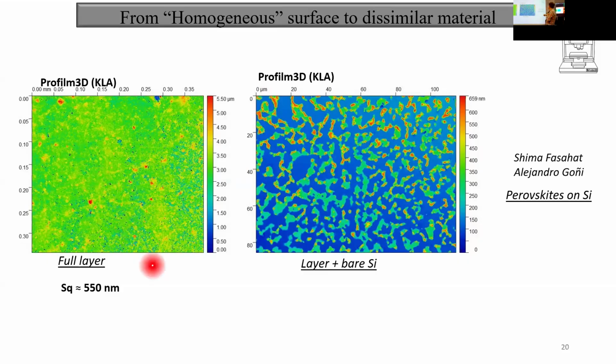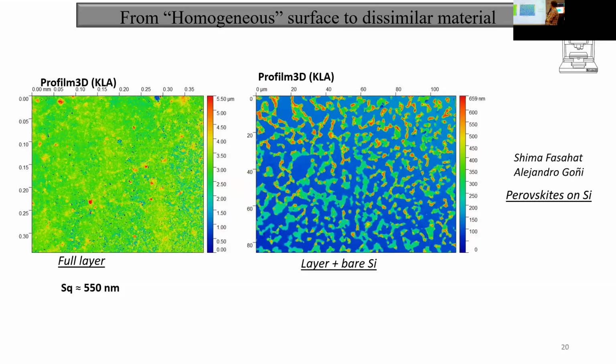But when they have a surface that is not fully covered, we are getting heights of hundreds of nanometers with the silicon. I don't have the AFM of this sample, but I don't completely trust this height, also relying on the experience that I have with other samples on silicon.